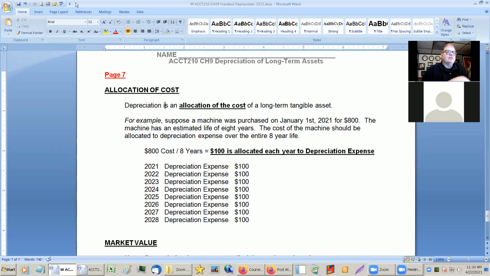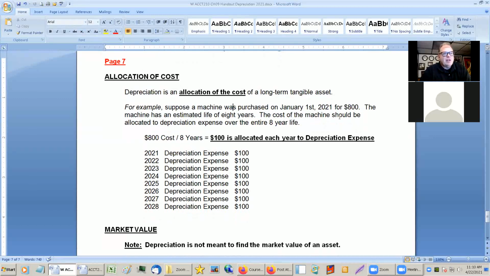So an example I give is that you buy a machine, purchase for $800, and it's going to have a life of 8 years. Well, you're not going to expense the whole machine in year 1 because you're going to use it for 8 years. So you're going to allocate, just like splitting up the 6-pack of pop. You have 3 people, you give 2 to each person. Same thing.